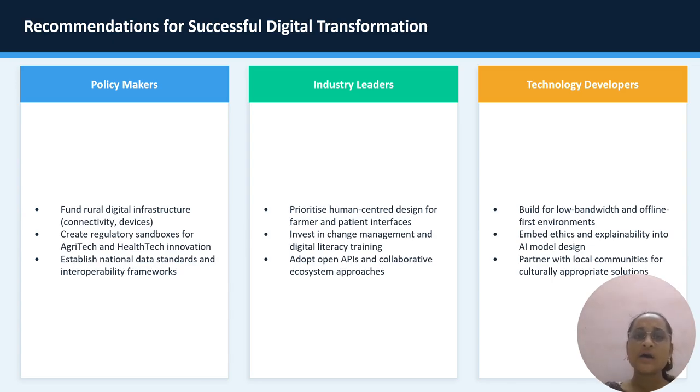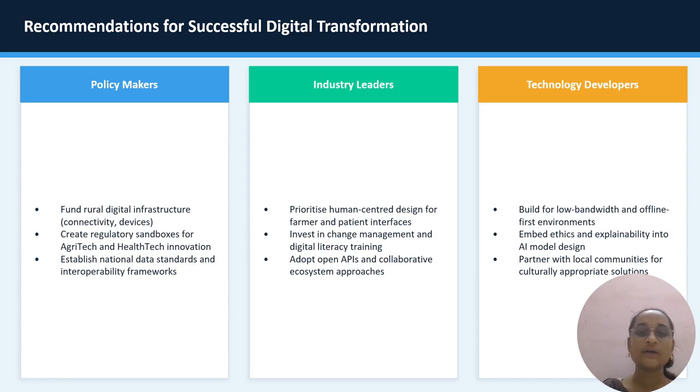First one is prioritize human-centered design for farmer and patient interfaces. Second one is invest in change management and digital literacy training. Third one is adopt open APIs and a collaborative ecosystem approach.